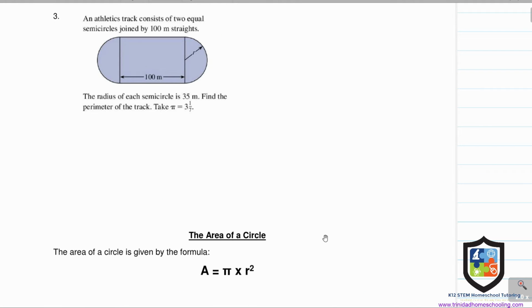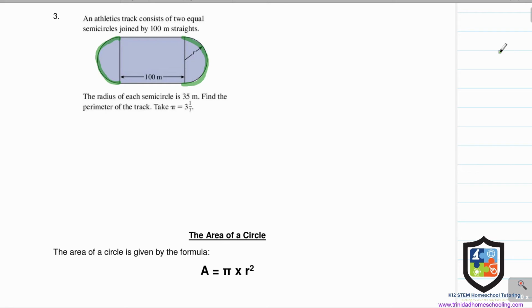Alright, so we have one of the most popular questions that teachers like to bring, and this here is an athletic track, and it consists of 2 equal semicircles joined by 100-meter straights. Alright, so 2 semicircles is going to make up 1 whole circle. Okay?